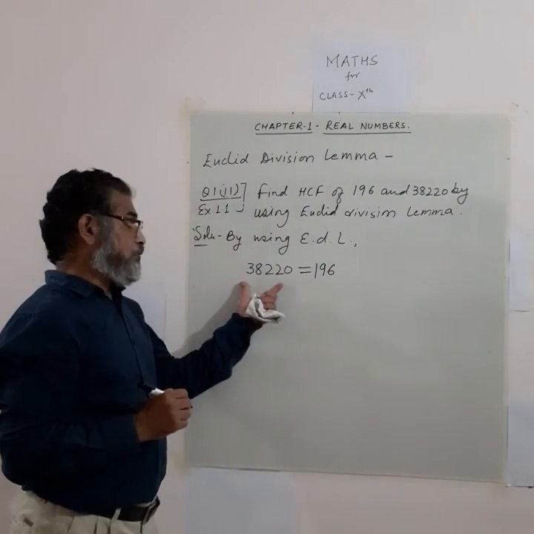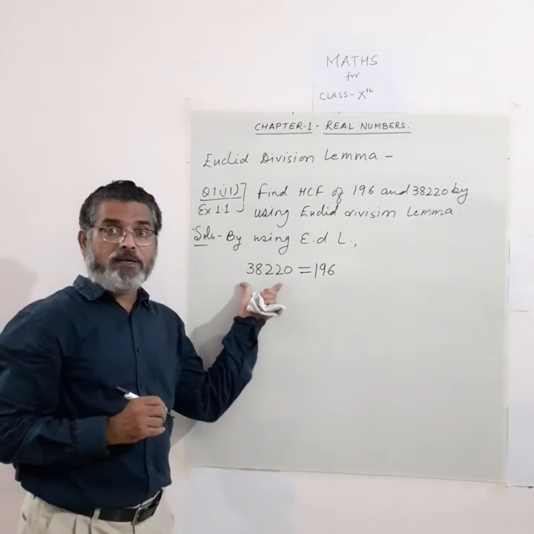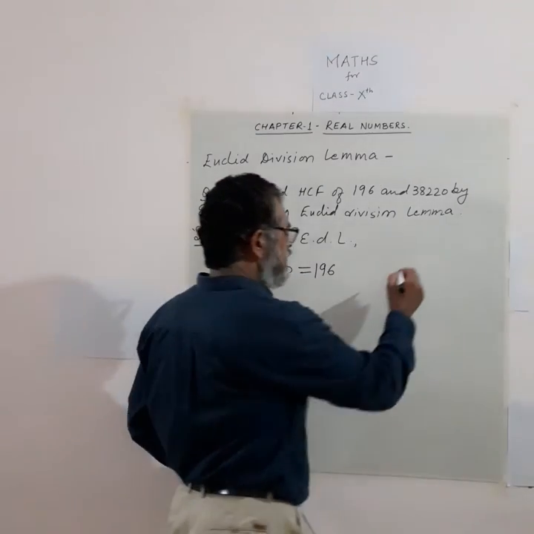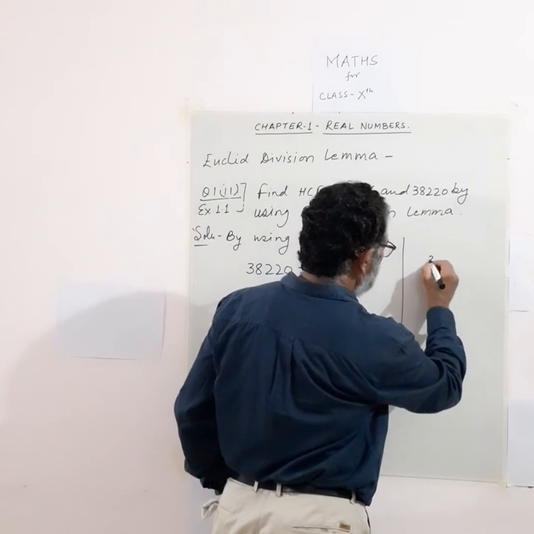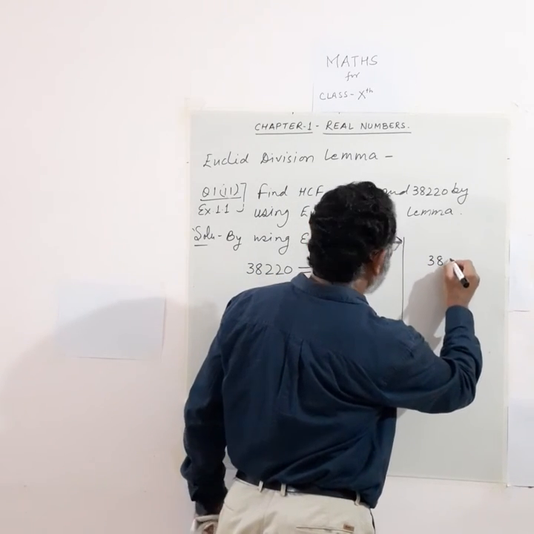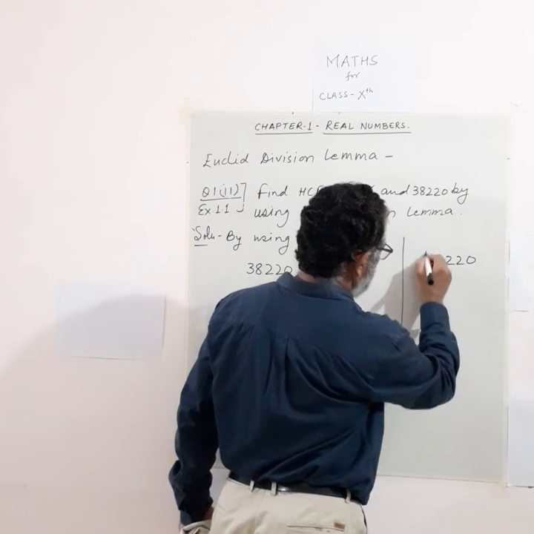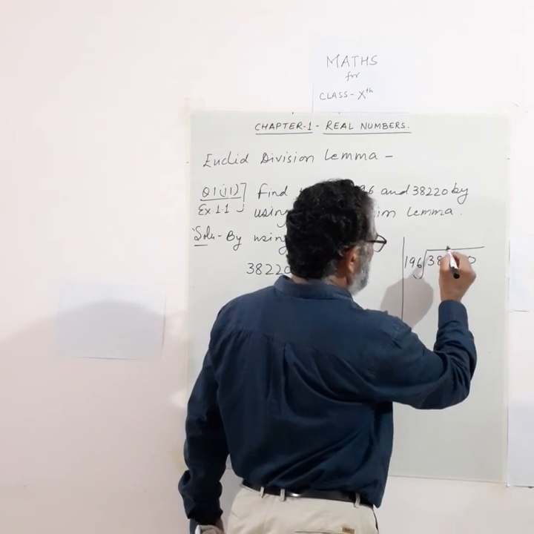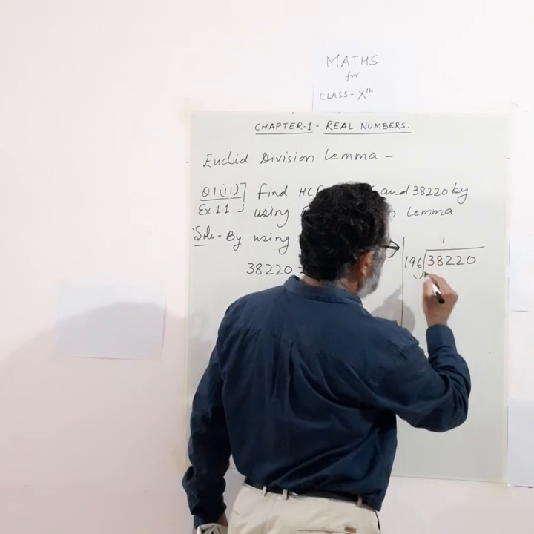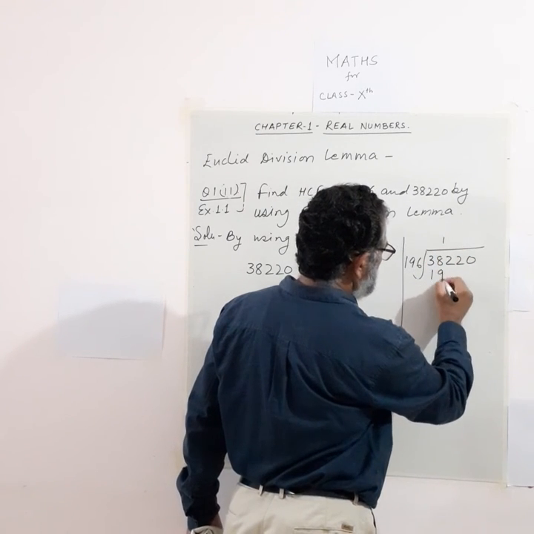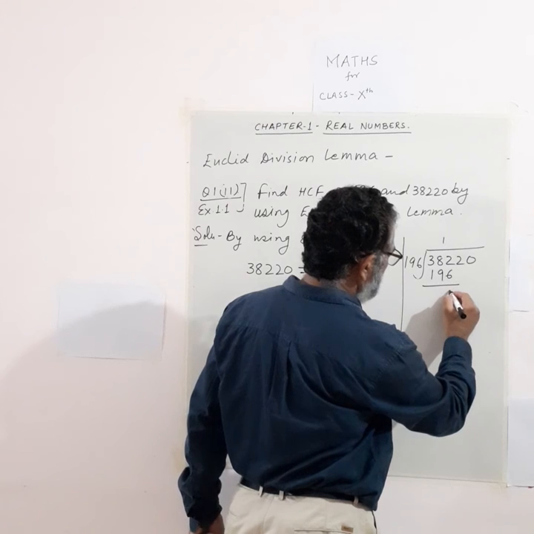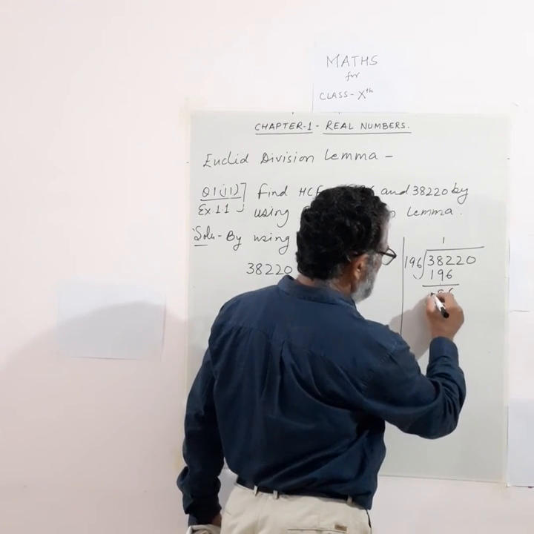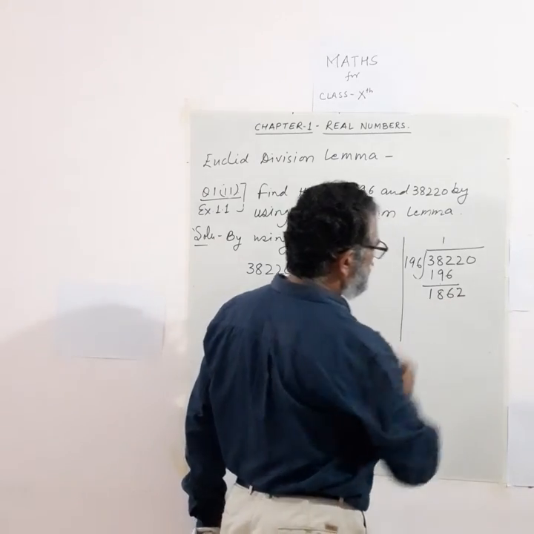But you cannot say orally how many times it will divide, so you can do the division sideways. Clearly it is 1 time, which is 196. After subtracting we get 1862.